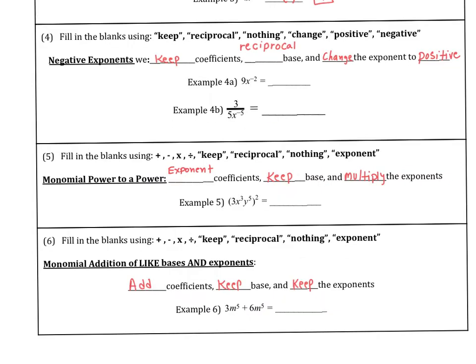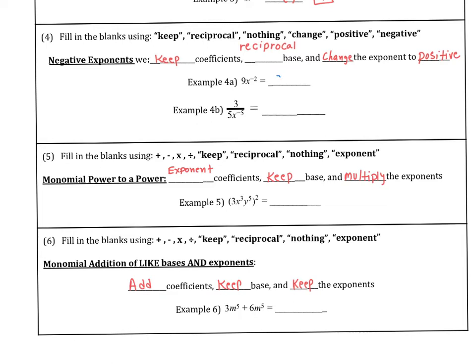Number 4, we are going to discuss the negative exponent. We keep the coefficient, reciprocal base, and change the exponent to positive. So if we apply this rule to example 4a, we're going to keep the coefficient, that's going to be 9.